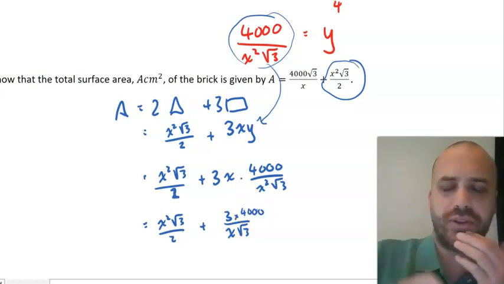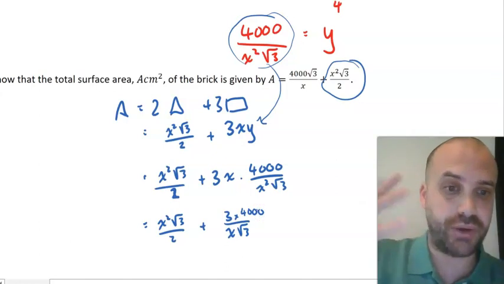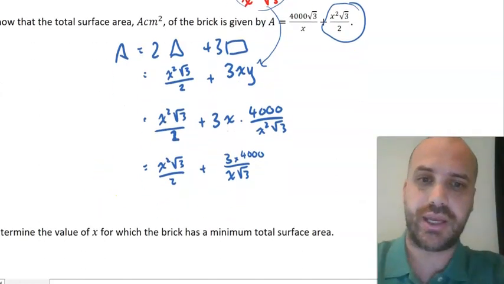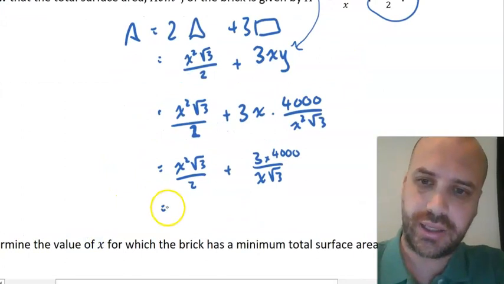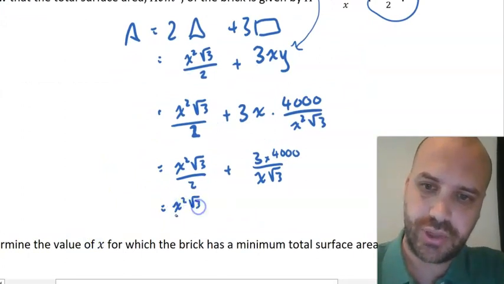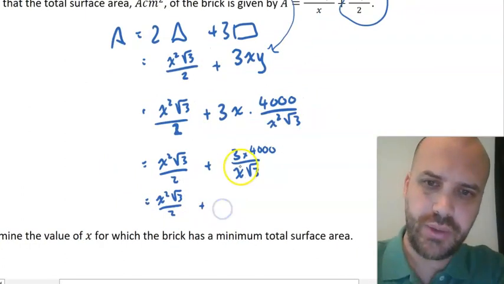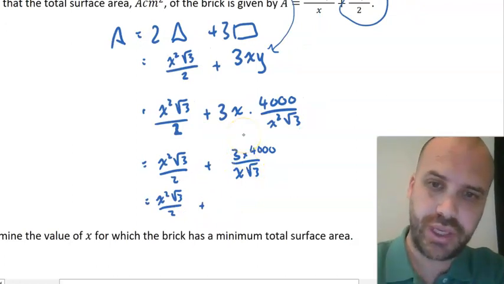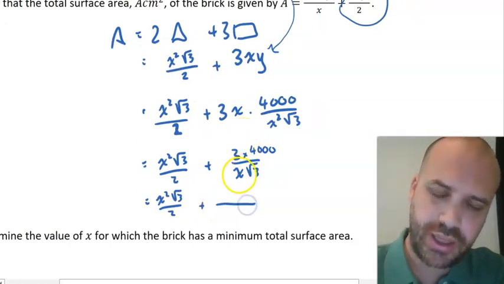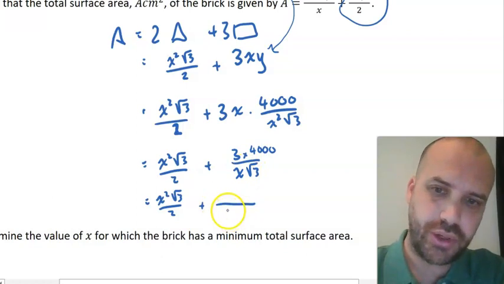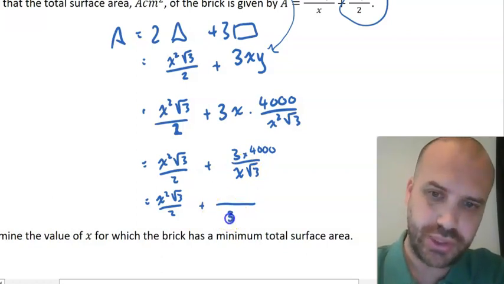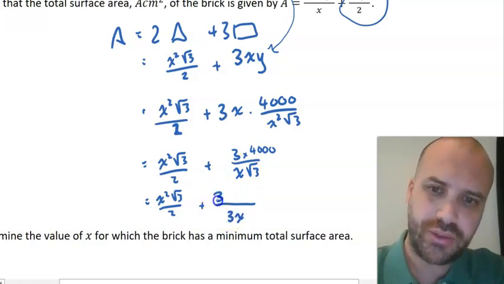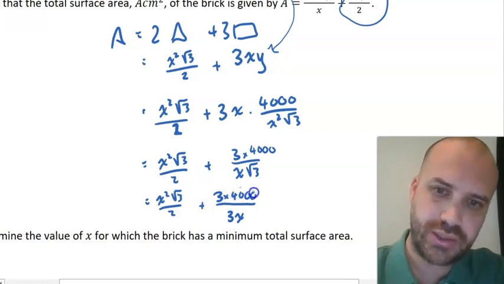All right. Now, the way that they're getting to this last step is by rationalizing the denominator. x squared root 3 on 2 plus, here we're multiplying top and bottom by root 3. So we get x, root 3 times root 3 on the bottom will be x times 3, which is 3x. And here we get 3 times 4,000 times root 3.